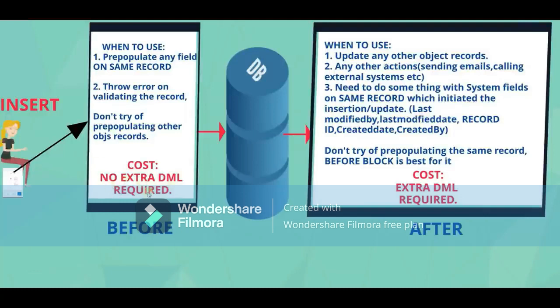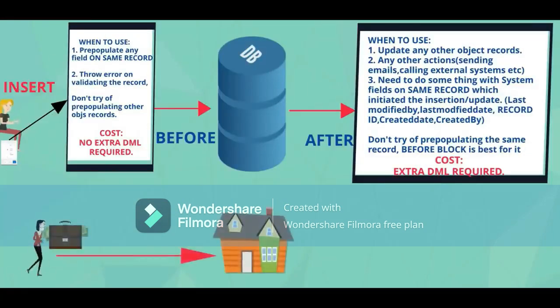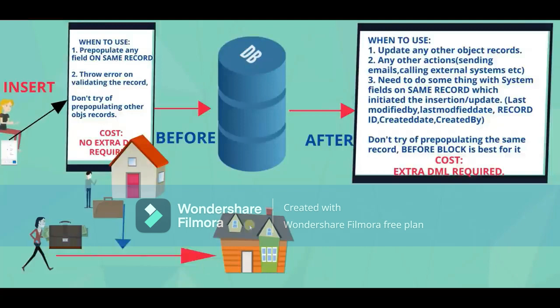Now let's see what is this no extra DML required. Let me explain that with an example. Let's say you have a friend who is taking a package and wants to deliver it to a destination. Now your house is in between her house and the destination. As she is anyhow taking her package and going to the destination through your home, you thought of saving your time and money.